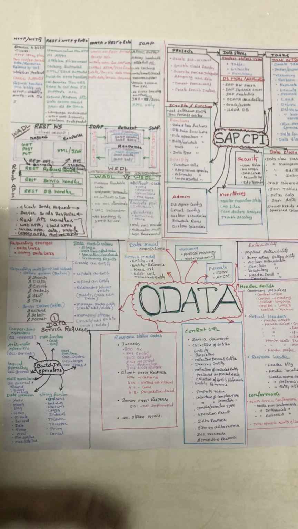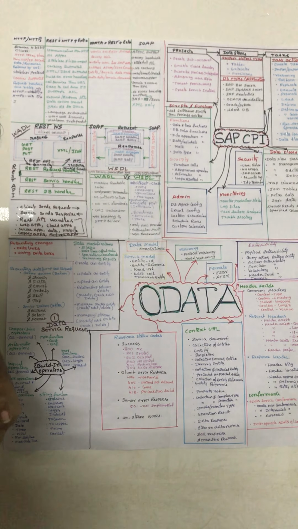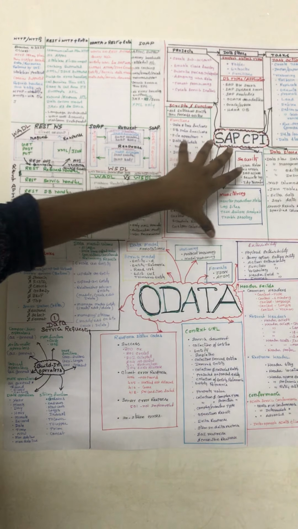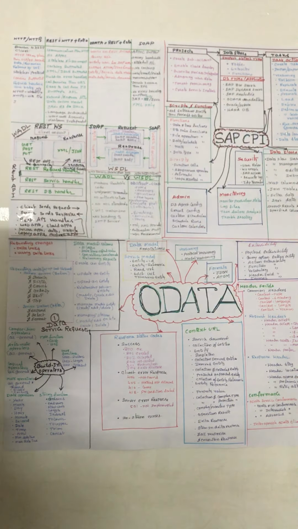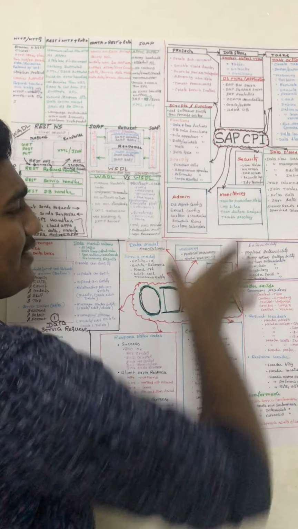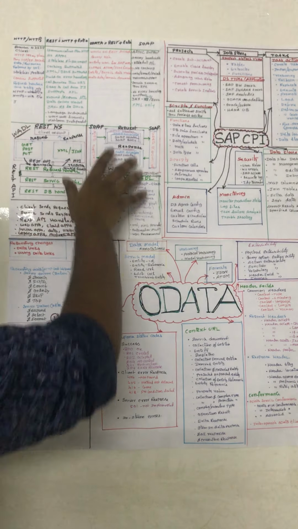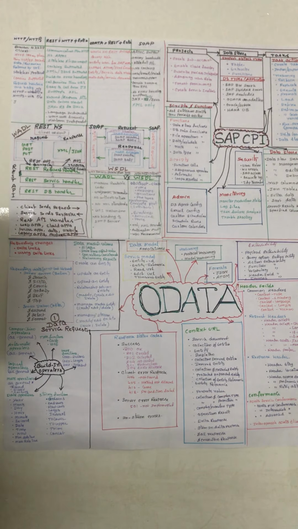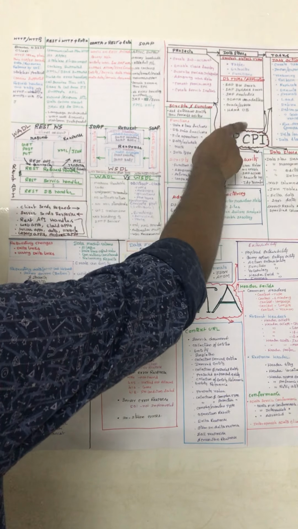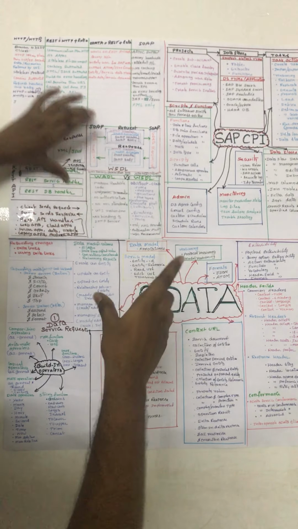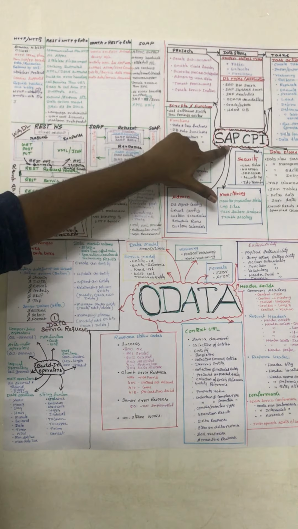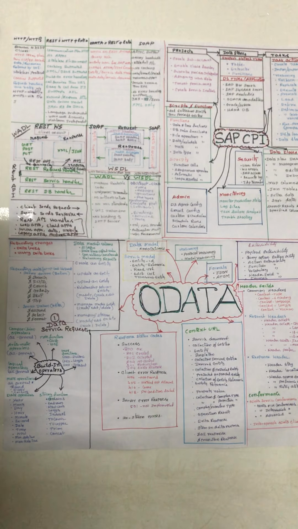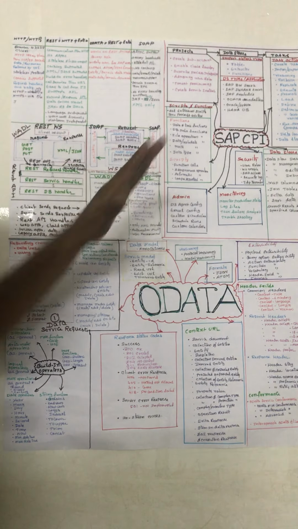So I just wanted to make sure how these frameworks are connected to SAP CPI, because we use all these frameworks, OData, REST, SOAP, and HTTP methods, in integrating and connecting the CPI, which is a middleware, to the S4HANA database and C4HANA clouds and CPQ cloud.